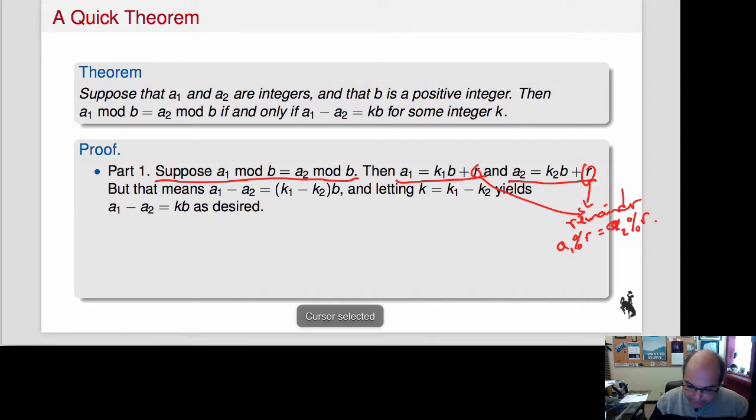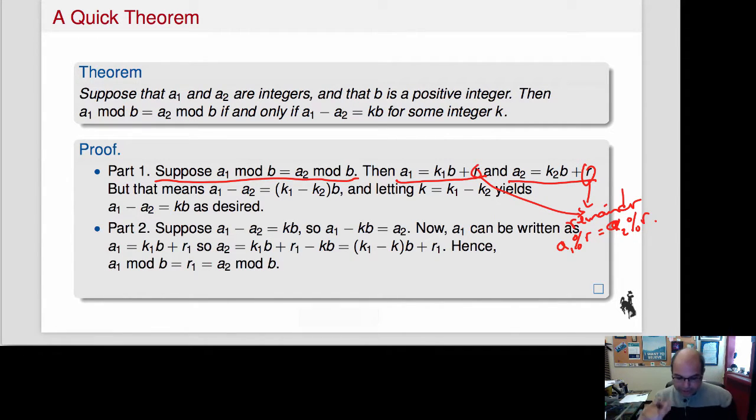Now let's do the other part, going the other way. Suppose that a1 minus a2 is equal to kb for some integer k. I can rewrite that as a1 minus kb is equal to a2. That's the same condition. Now a1 is equal to k1 b plus r1.